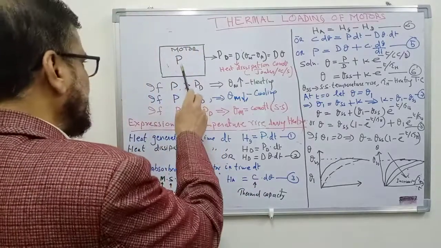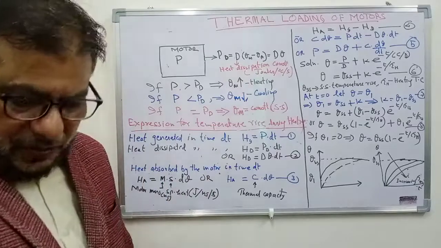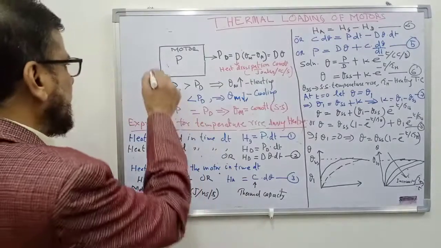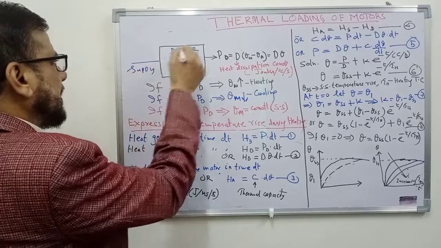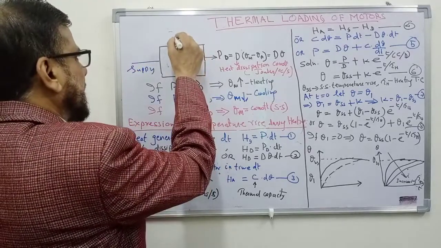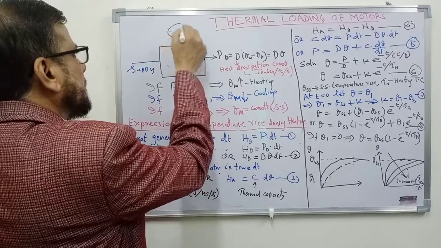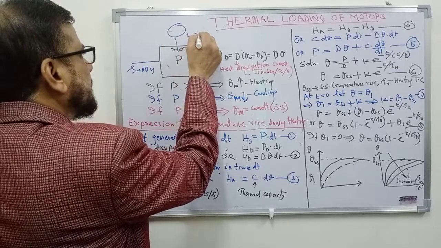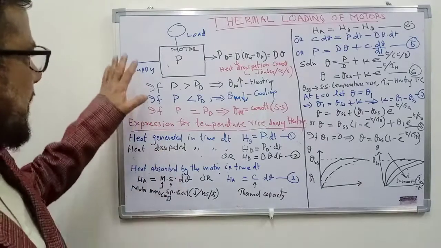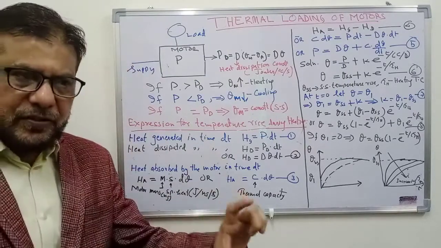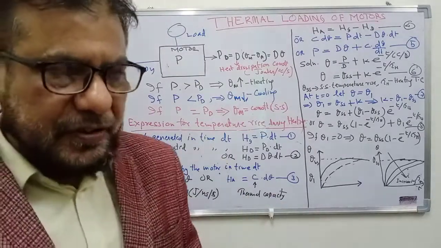So suppose this is a motor which is connected to some supply. So you have given a supply here and it is supplying certain load. Some load is there. So what happens is that when we connect supply, because of that supply, flux is generated.